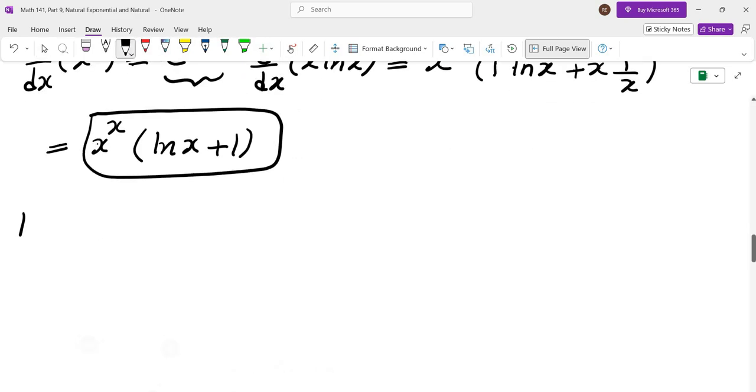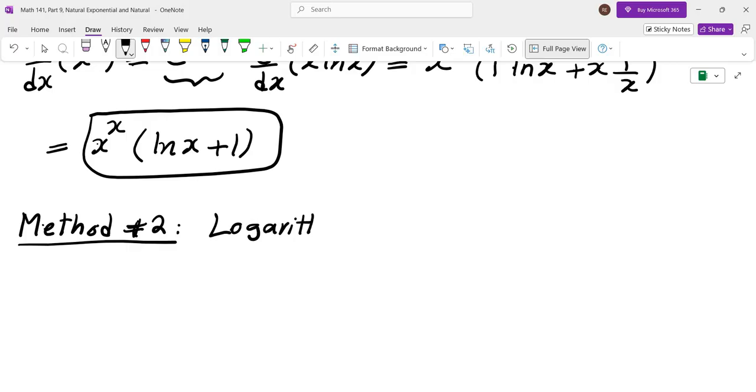There is another method which is called logarithmic differentiation. This method is something you learned in Calculus 1. So what is logarithmic differentiation? Logarithmic differentiation is used when you have either exponents and bases that are both functions, or you have large products.